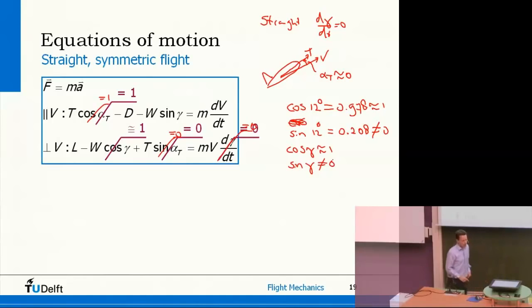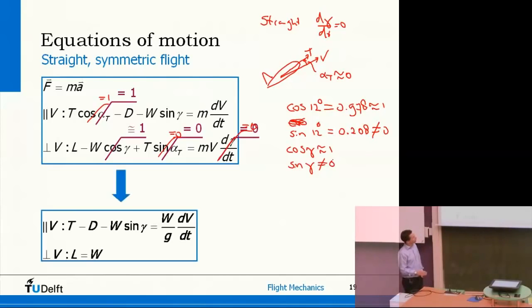So that means that this equation of motion becomes a lot simpler now. A lot of terms are removed, and what you end up with is this. Thrust minus drag minus some weight component is equal to an acceleration, and lift is equal to the weight.